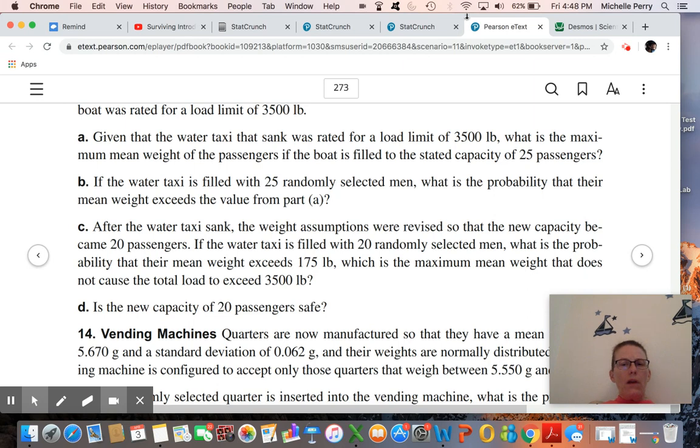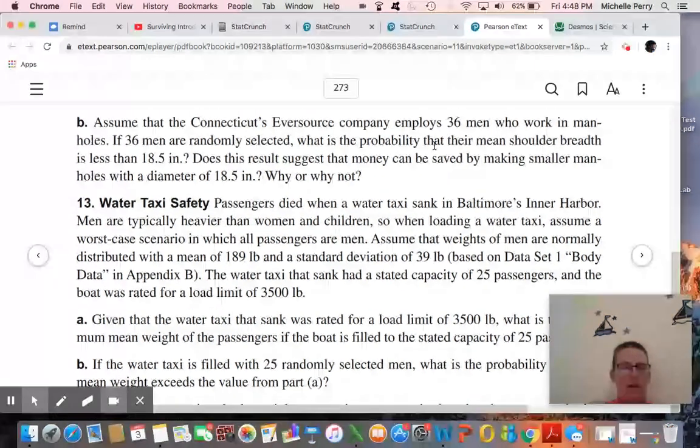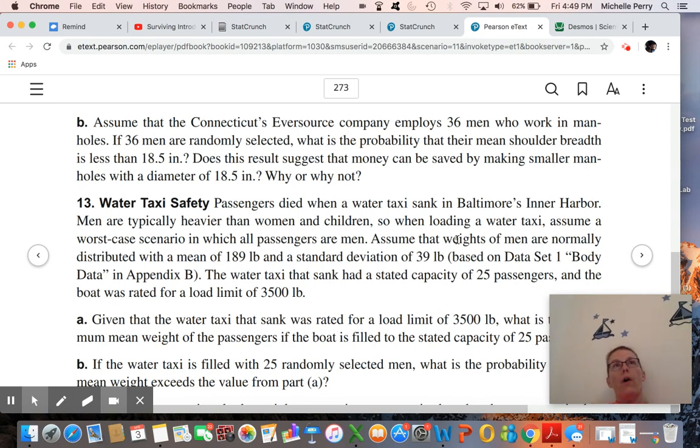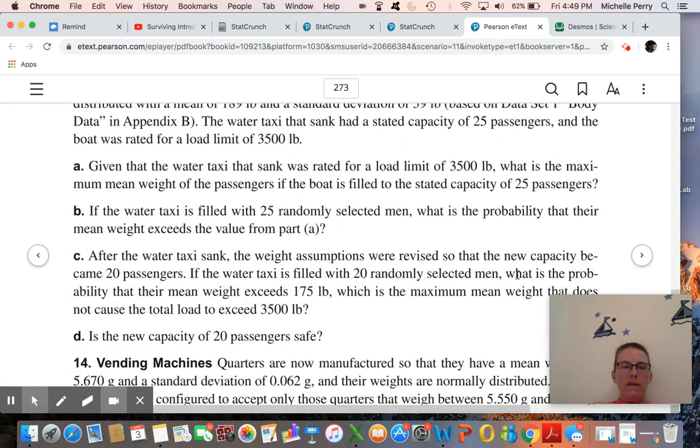Well, when we go back and read, they do tell us that we are to assume that the weights of men are normally distributed, winner, winner, chicken dinner, so we can move forward with central limit theorem. Because if it's not population normally distributed, you need a sample size larger than 30. And you'll notice that our sample size that we're choosing is 25, which is less than 30.